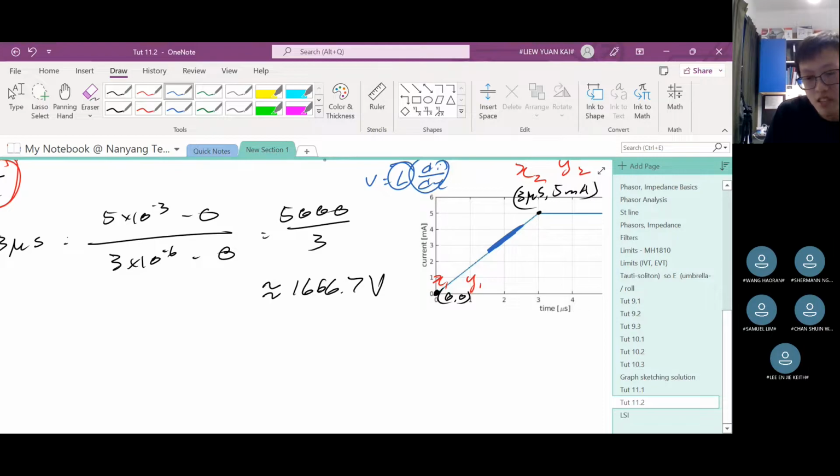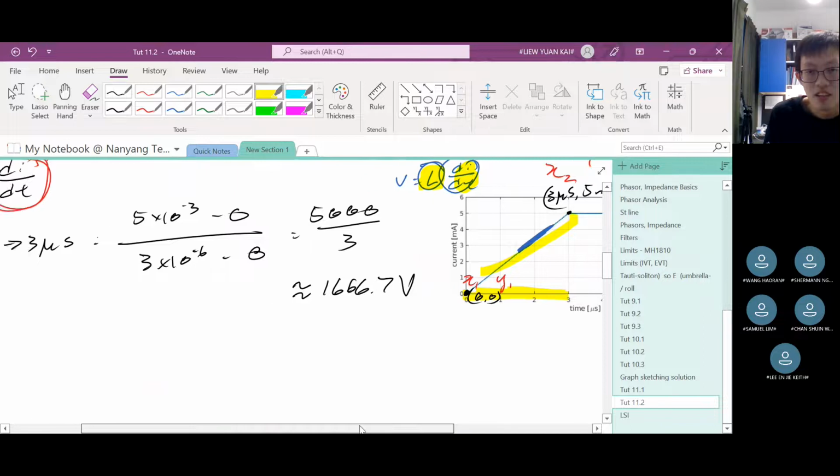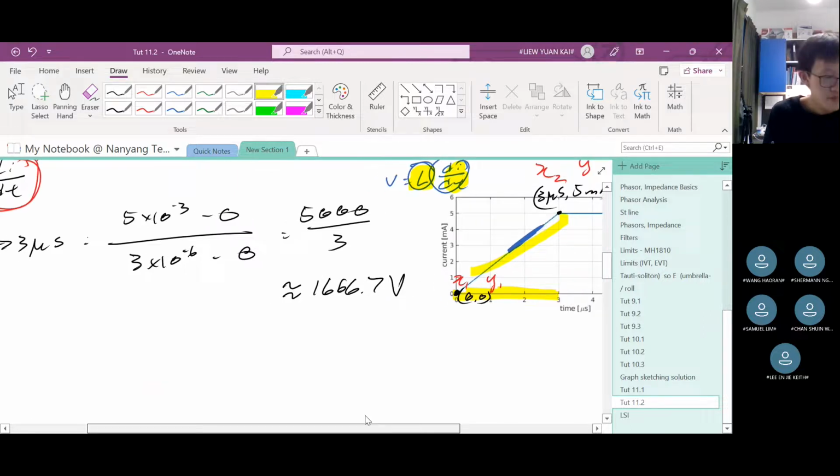Because the gradient never changes. It's a straight line. So throughout this, you have a constant multiplied by a constant. So from 0 to 3 microseconds, on the VT graph, it is just a straight horizontal line, okay? Because the gradient is constant, multiplied by the inductance, which is a constant.